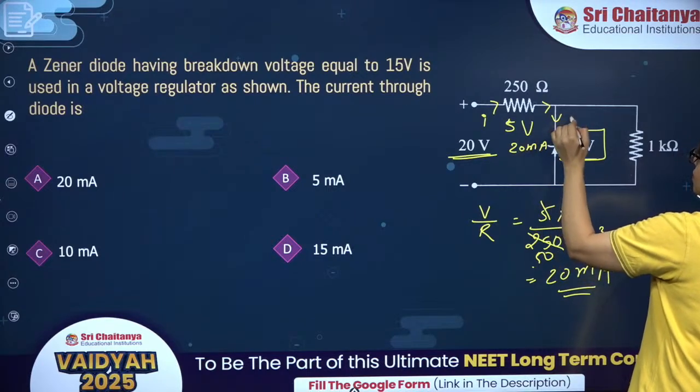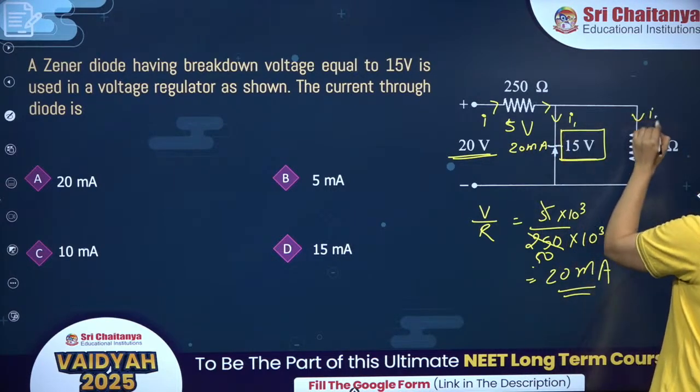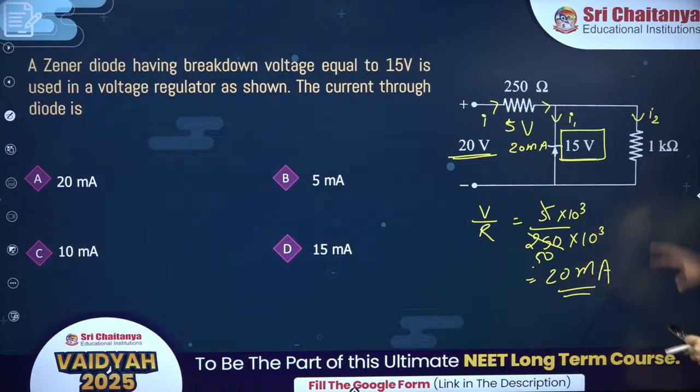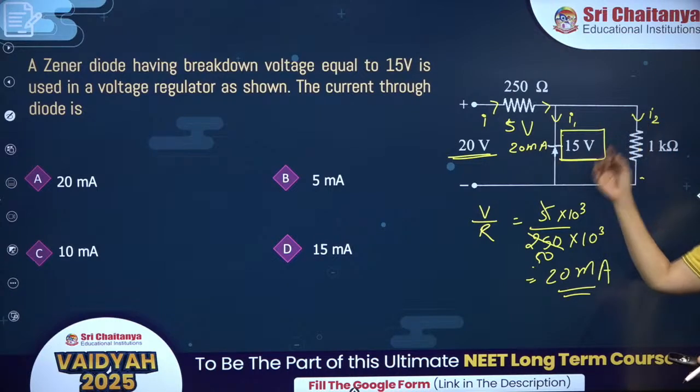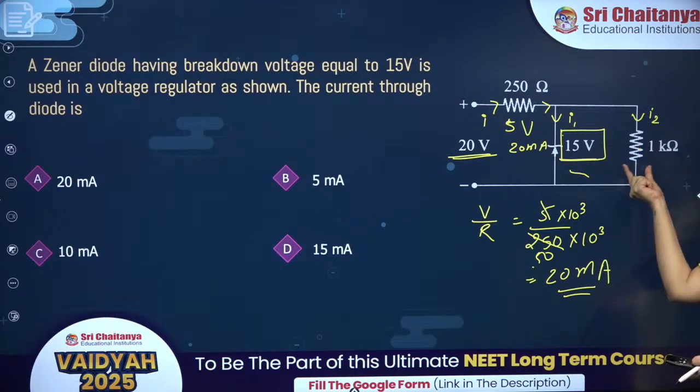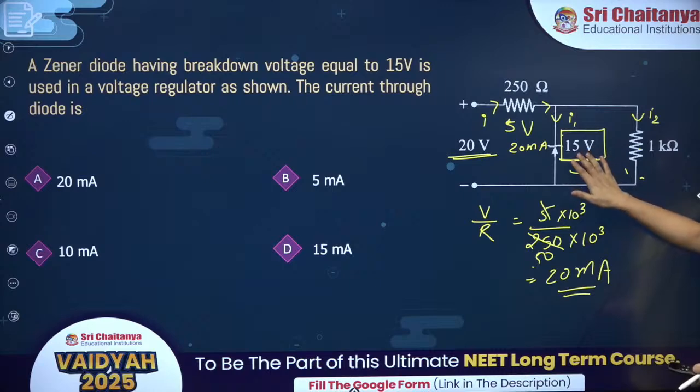Now some current will pass through this one and some will pass through this one. So what is the current through 1 kilo ohm? The potential drop across this and this will be same because both are in parallel, right? So whatever drop is there, same drop will be there. So 15 volt is the potential drop across 1 kilo ohm as well.